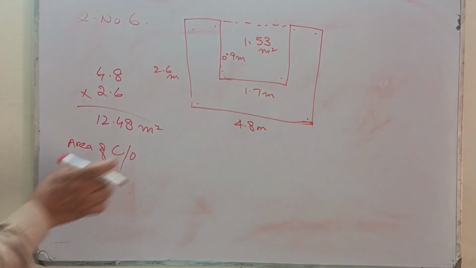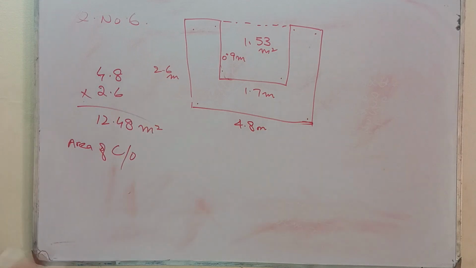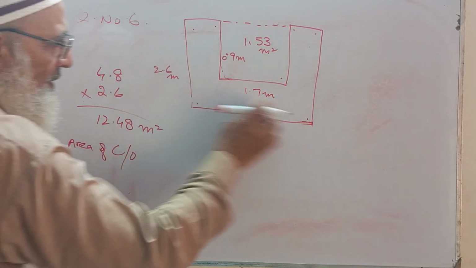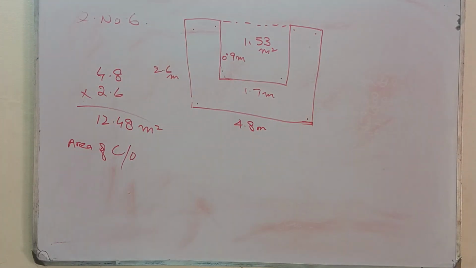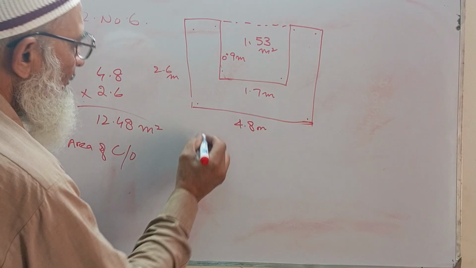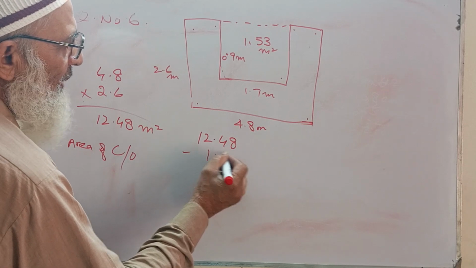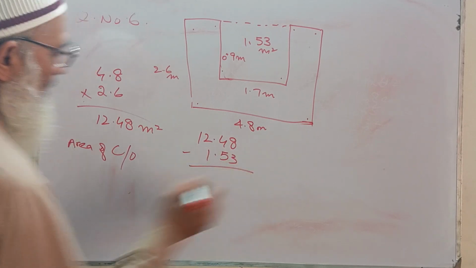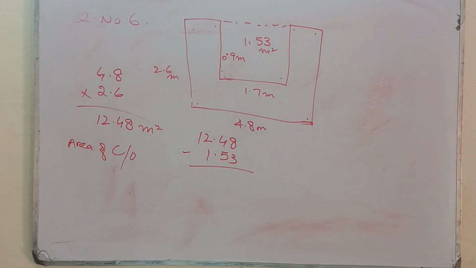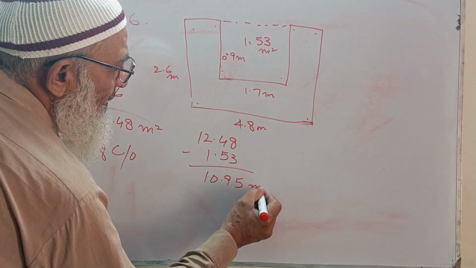Now I have to subtract this area from the whole to get the area of this U-shaped pavement. It was 12.48 minus 1.53, which will become 10.95 meters square.